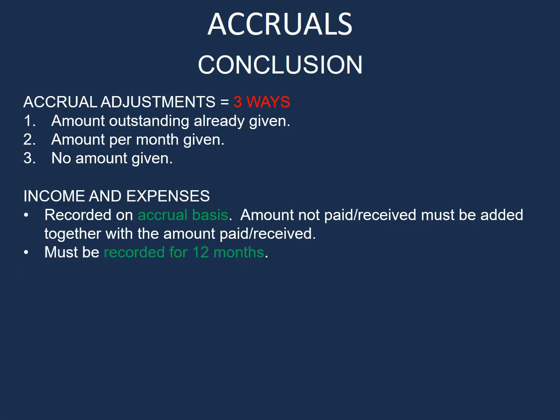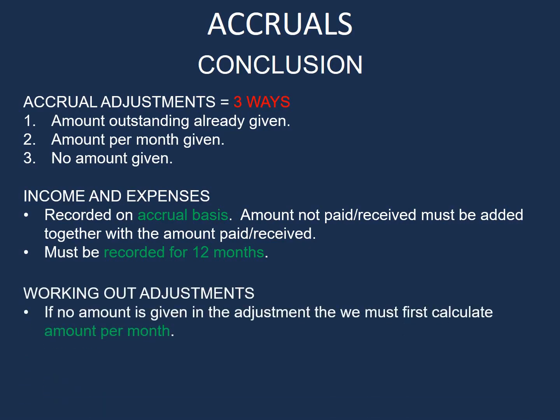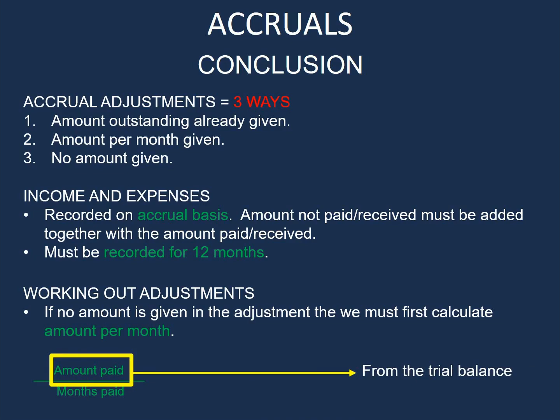Our income and expenses must be recorded for 12 months. In regards to working out our adjustments, if no amount is given in the adjustment, we must first calculate the amount per month. That we do by taking the amount paid divided by the months paid. And the amount paid we will get from our trial balance.